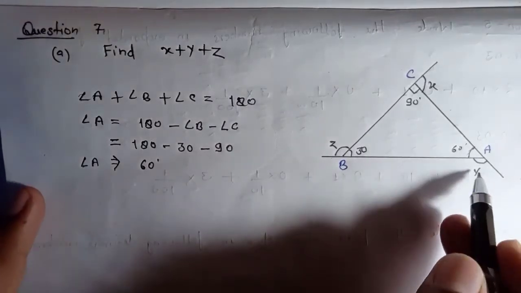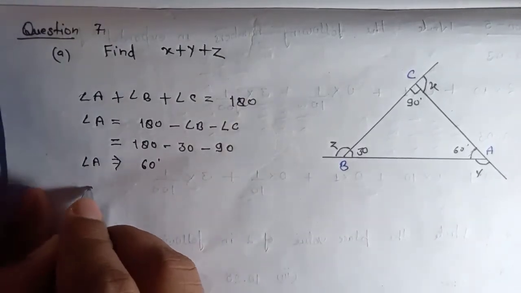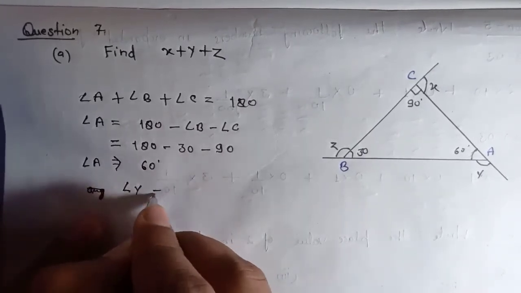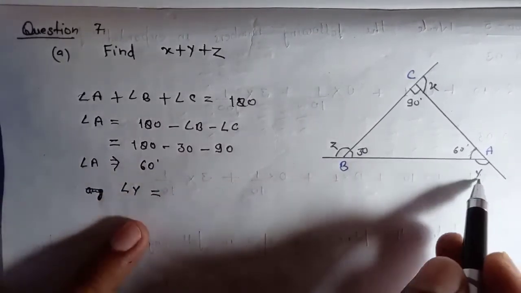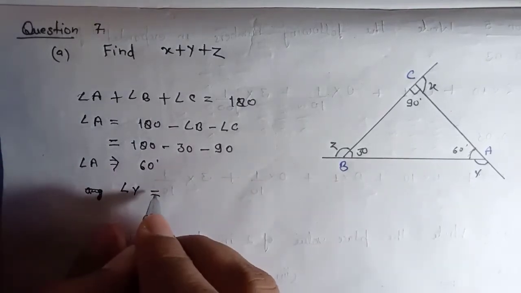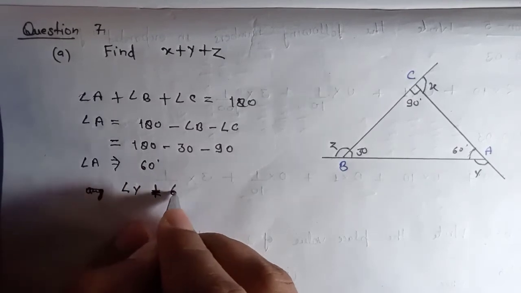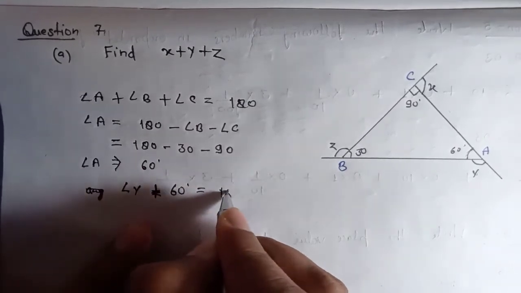So find angle Y. Angle Y is equal to what? We know that angle Y plus angle 60 gives us 180 degrees.